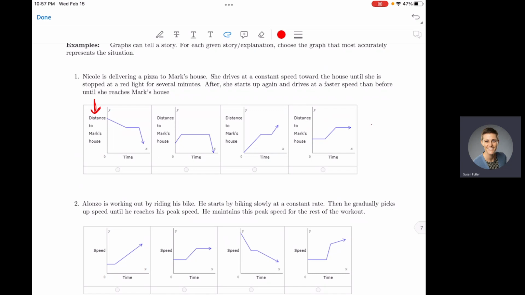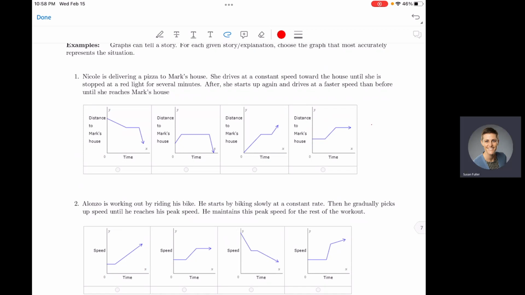Okay, so let's read this first scenario. Nicole is delivering a pizza to Mark's house. She drives at a constant speed toward the house until she stopped at a red light for several minutes. After that, she starts up again and drives at a faster speed than before until she reaches Mark's house.